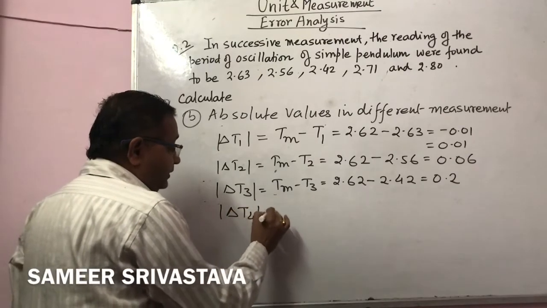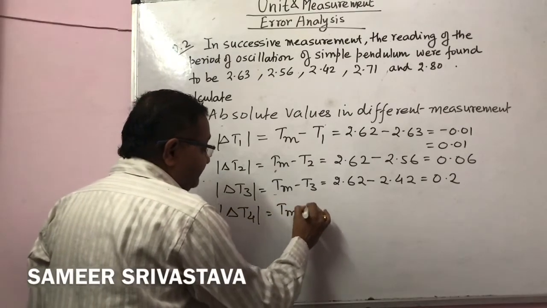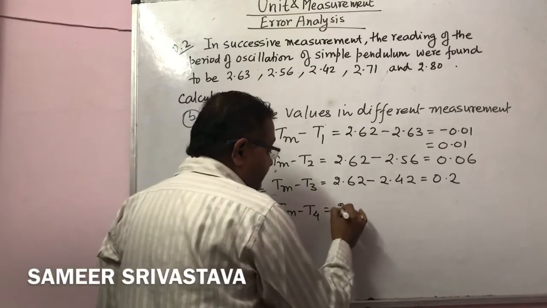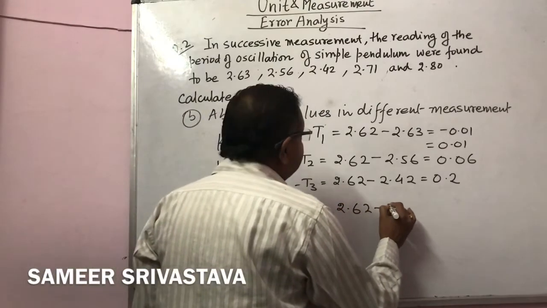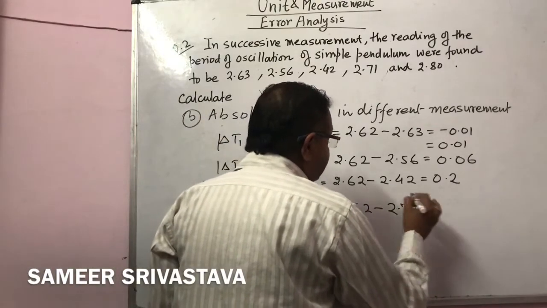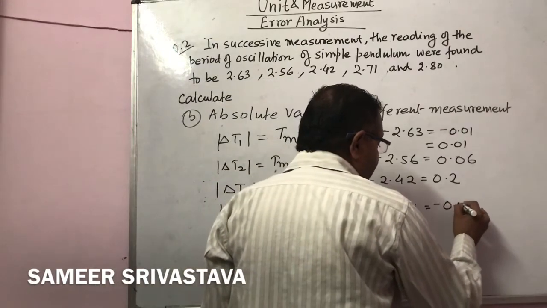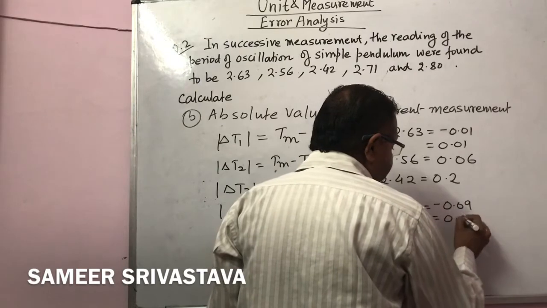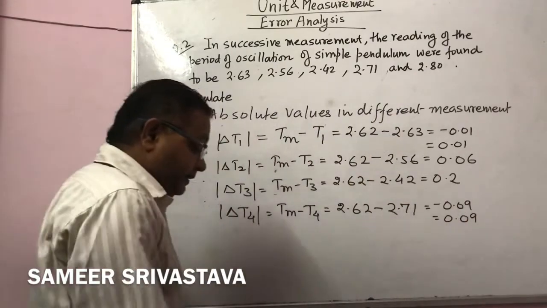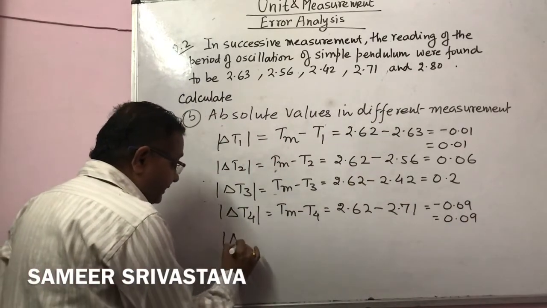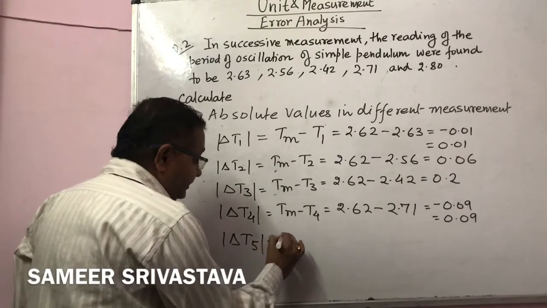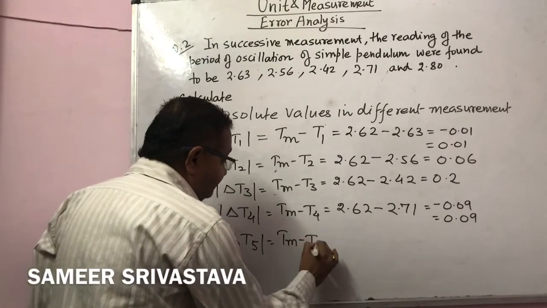Delta T4, Tm minus T4, that is 2.62 minus 2.71. 2.62 minus 2.71, this is minus 0.09, or we can write 0.09. Okay, now the last value, delta T5, Tm minus T5.